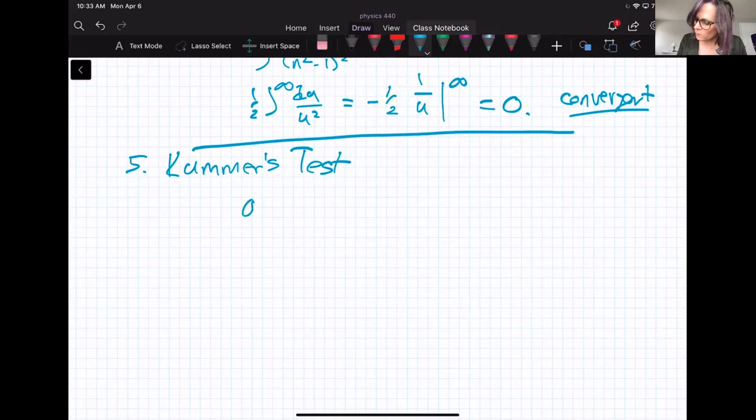So what we're going to do is consider a series with positive terms u sub n. We're going to have basically a constant, and we're going to look at the functional form of n. So in all of these things, we've had some constant times n squared or n factorial or 1 over n squared.